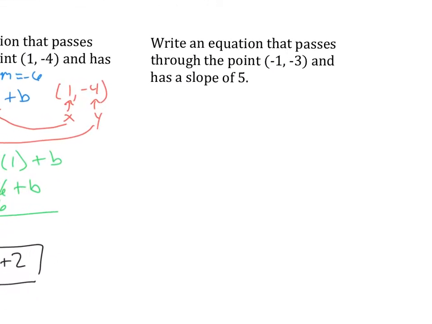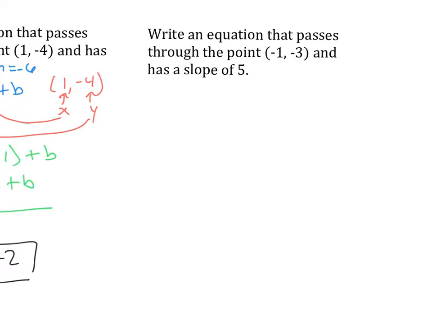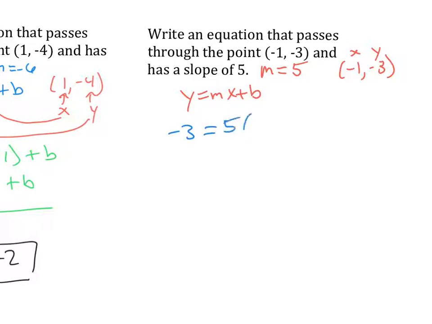Let's try another example here. Write an equation that passes through the point (-1, -3) and has a slope of 5. So our slope is going to be equal to 5. We're going to say that (-1, -3) is the point that we're going to use, and -1 will be x, and -3 will be y. So we have y equals mx plus b. We know x, y, and m. We just need to solve for b. So we can substitute those values in. We'll have -3 is y, 5 is m, actually, the slope, and x is -1, plus b.